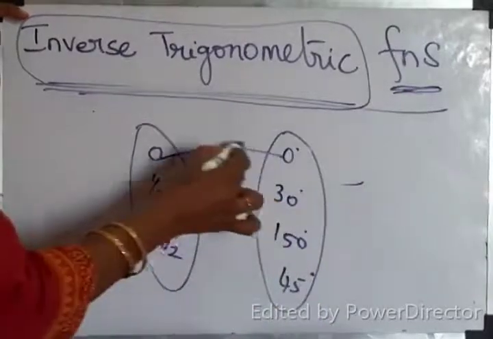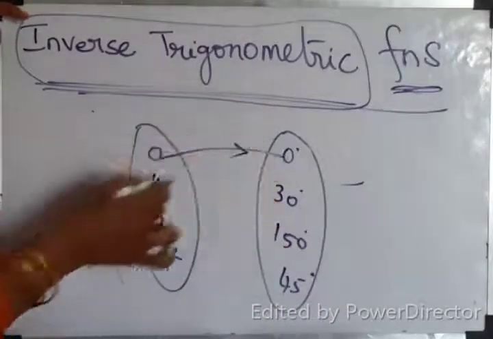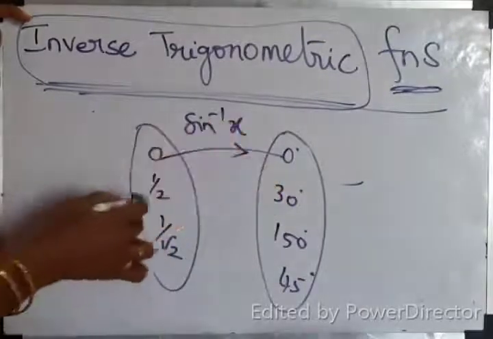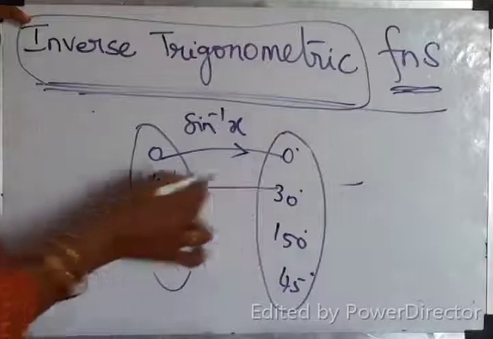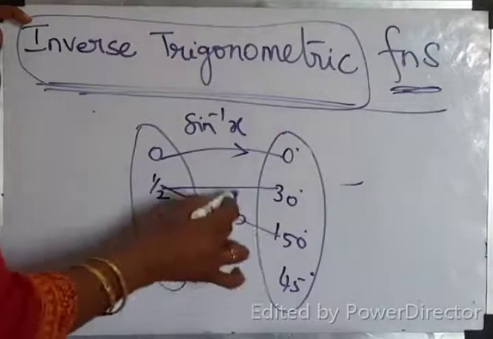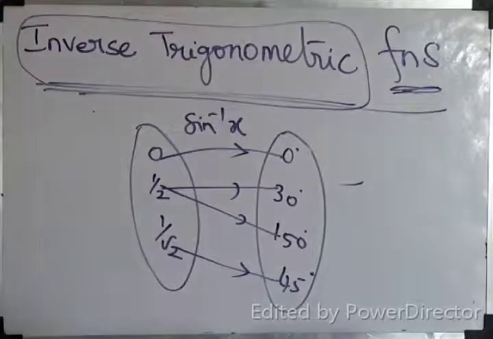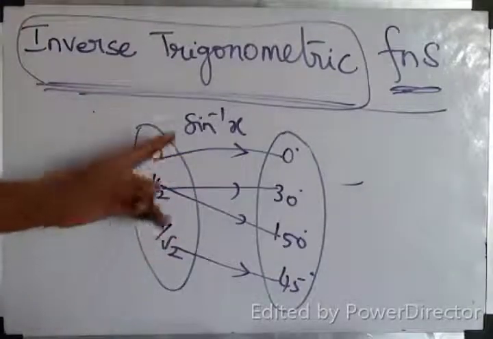Now 0, the value, is connected to the angle. Okay, it is sin inverse x. Half is connected to 30. Half is connected to 150. Then 1 by root 2 is 45 degree. This is sin inverse x.